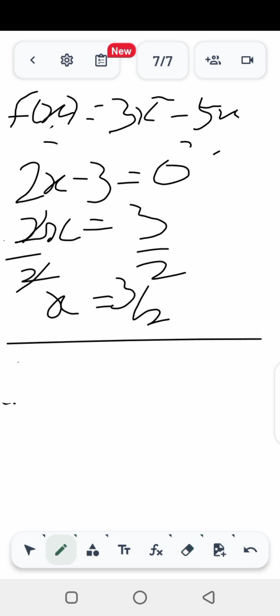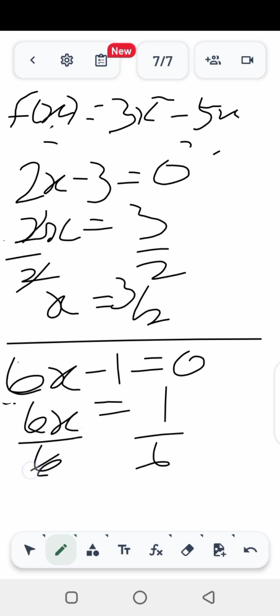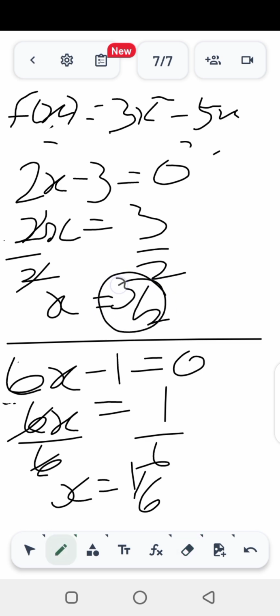So 6x minus 1 equals 0. So you have 6x is equal to positive 1, divided through by 6. x is equal to 1 over 6. Therefore, the values of x for which f of x equals minus 3 over 4 are x equals 3 over 2 and 1 over 6.